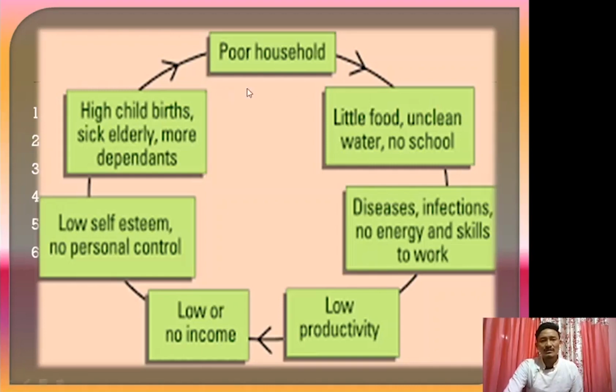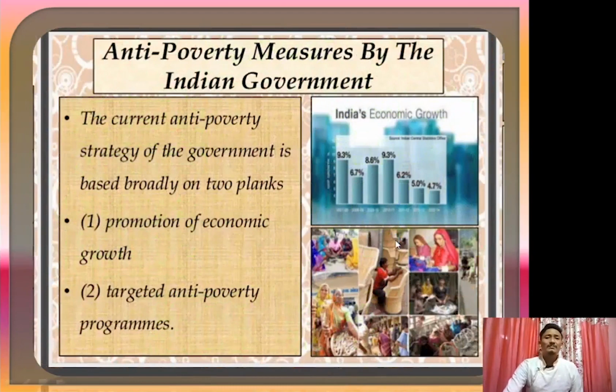All right, so this is the cycle that goes on in poverty. After this we will discuss the anti-poverty measures, or the initiatives taken by the government to eradicate poverty from the country.